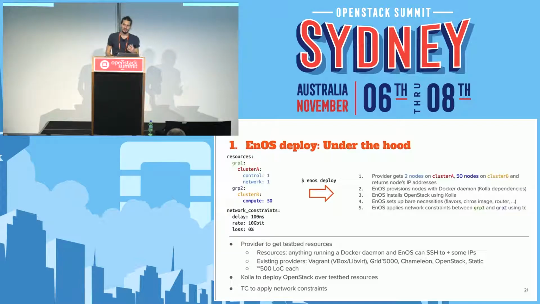In EnOS, there are different providers, which are represented here. We have Vagrant. We also have providers for real testbeds, like Grid5000 and Chameleon, and a provider for OpenStack itself.